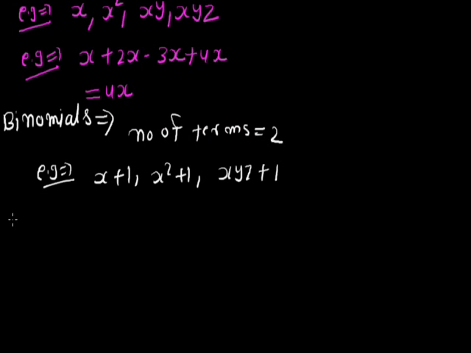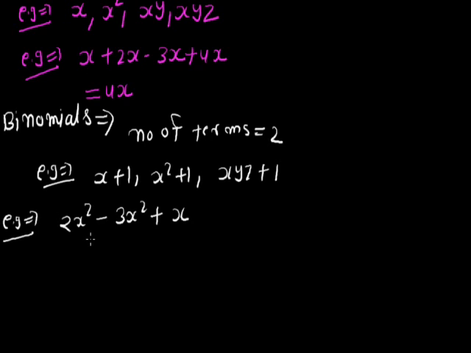In this category also, if we take the same example, if I have given an expression 2x square minus 3x square plus x. Now if we observe this expression, then we conclude about this expression that it is a trinomial because it has number of terms is equal to 3. But what we have to check, first of all we have to simplify this expression, then only we can conclude whether it is a monomial, binomial or trinomial.